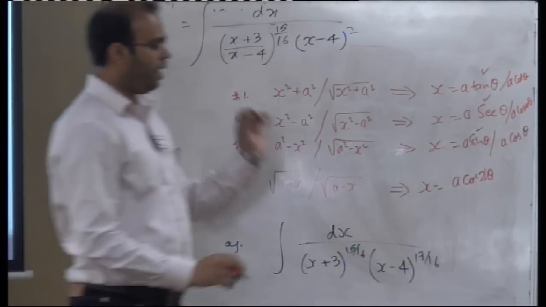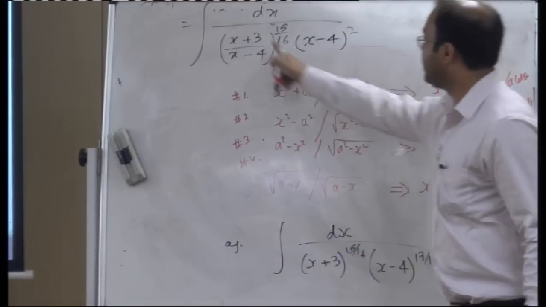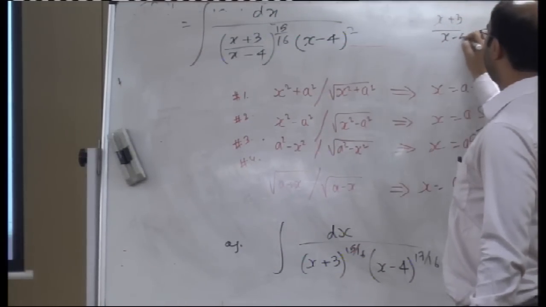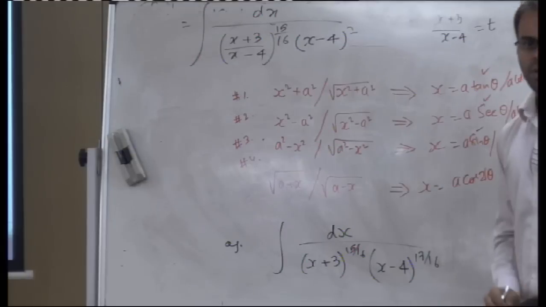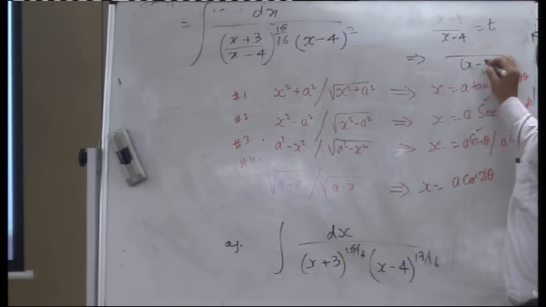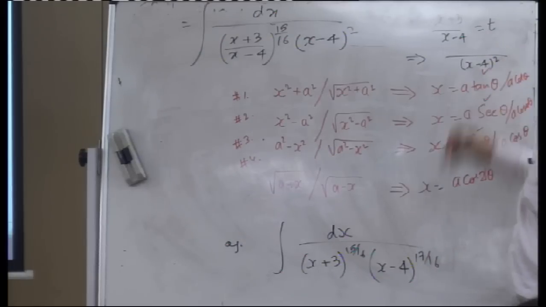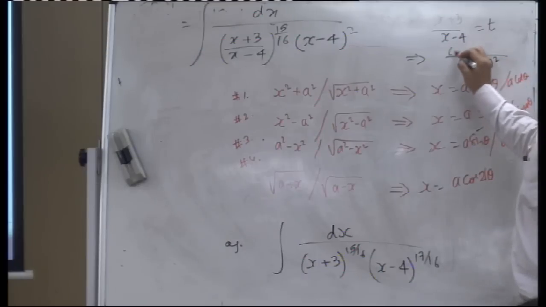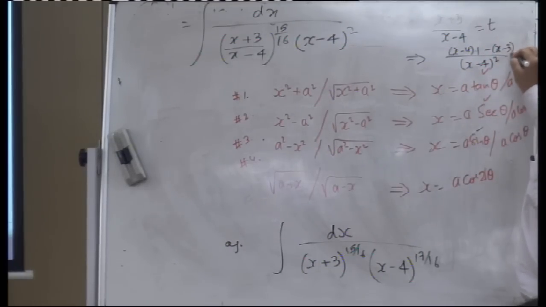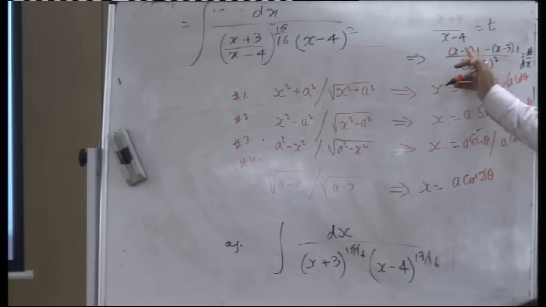Now you have to take (x plus 3) by (x minus 4) as t. When you differentiate this, you get (x minus 4) whole square in the denominator, by the quotient rule: (x minus 4) into 1 minus (x plus 3) into 1, equal to dt upon dx. Now this x and this x cancel, and minus 4 minus 3 becomes minus 7.